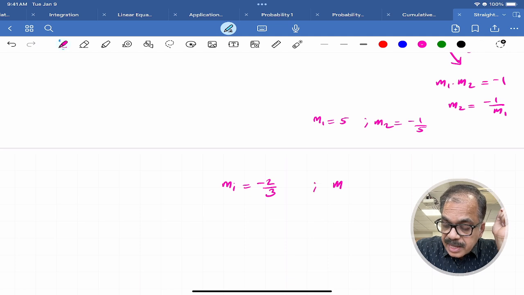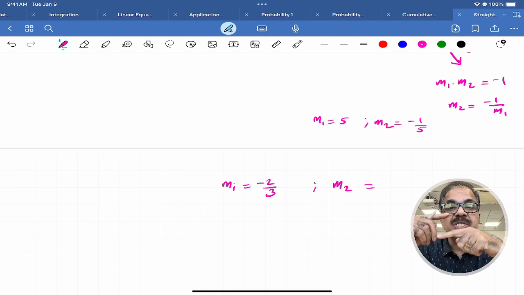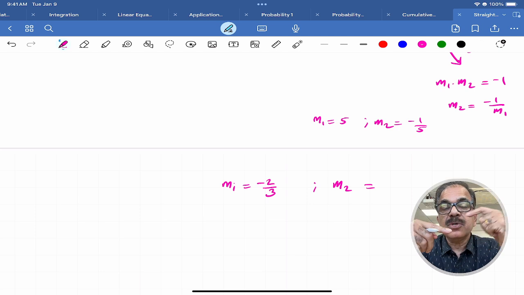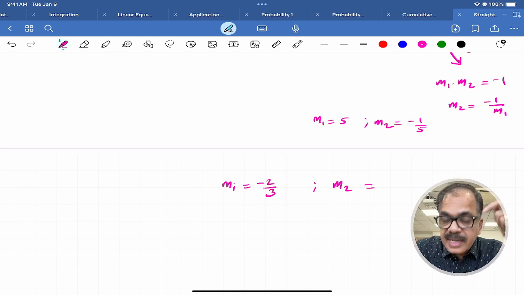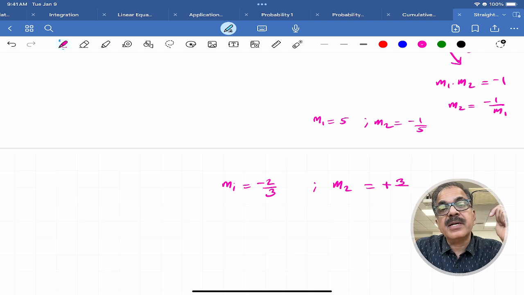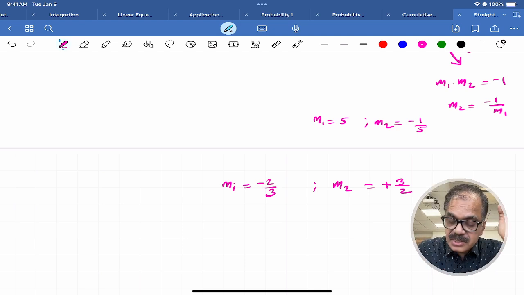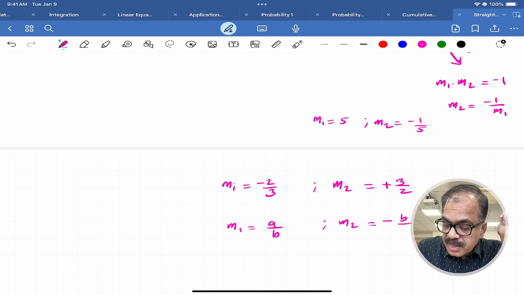A perpendicular line will have a gradient which is the negative reciprocal. The negative of the negative number makes it positive, but reciprocal, so 2 by 3 becomes 3 by 2. In general, if m1 is a by b, then m2 would be negative b by a.